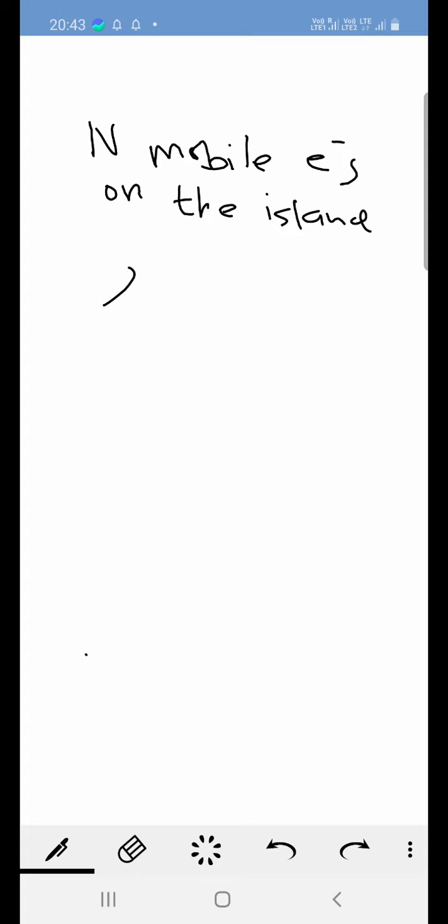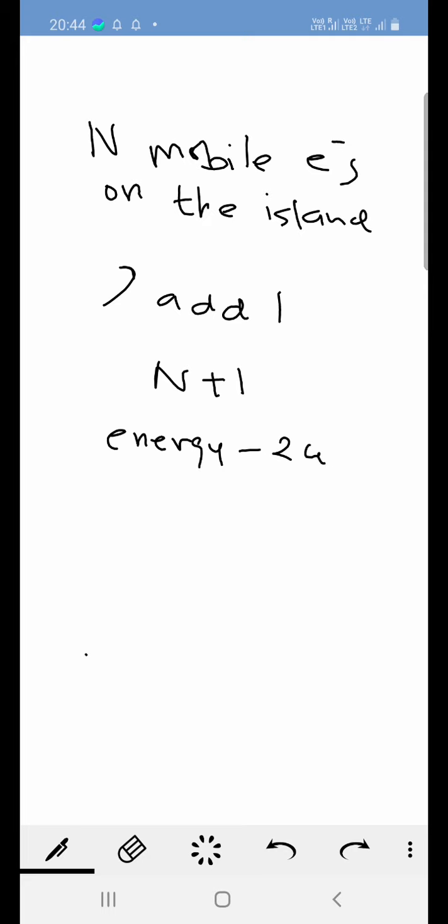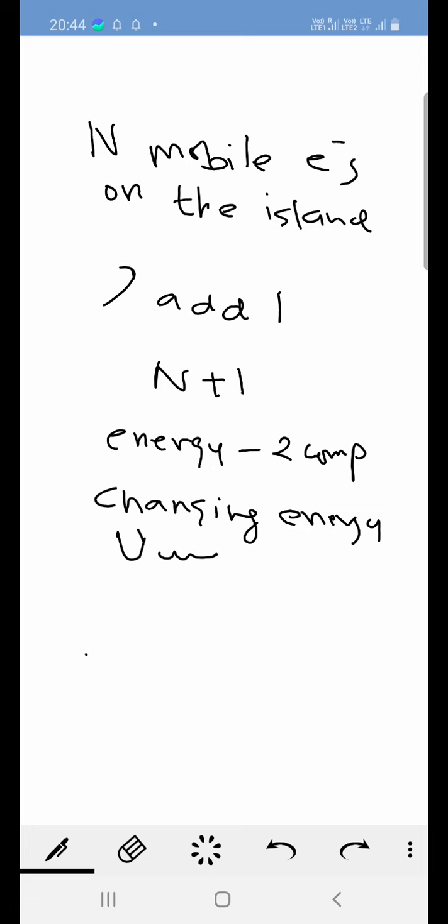If we would like to add one, to make it n+1, the energy required has two components: the charging energy U and the excitation energy delta E. So let's draw it once more.